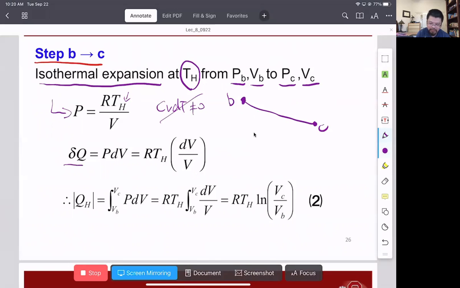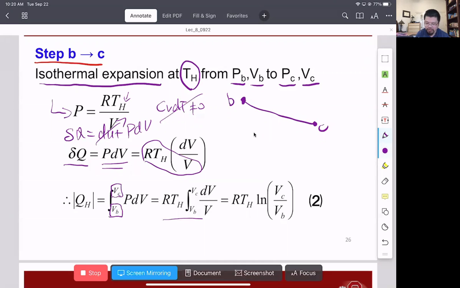So delta Q is dU plus PdV. The dU term would be 0, so it is simply PdV over there. And P is RT over V. Just replace the pressure by the ideal gas equation, and we are making the change from the initial to the final.